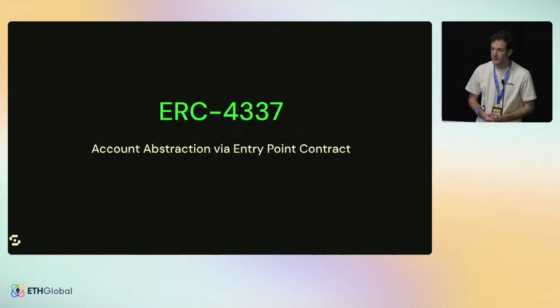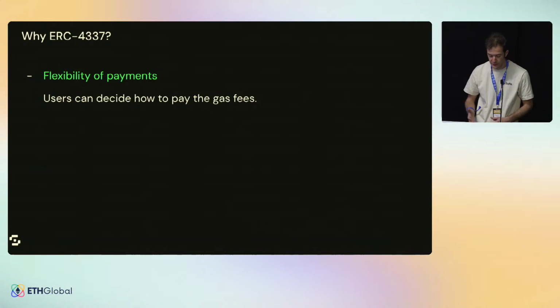So let's start with some of the benefits of the ERC 4337, and apart from the ones that are inherent to smart accounts, we have, for example, flexibility of payments, where users can decide how to pay for the gas fees. They can pay in ERC20 tokens, they can pay in the native token, they can even get their transactions sponsored by a third party.